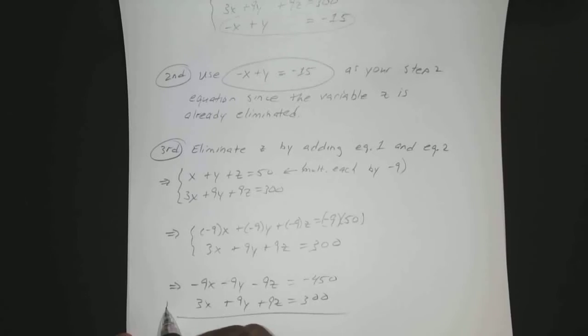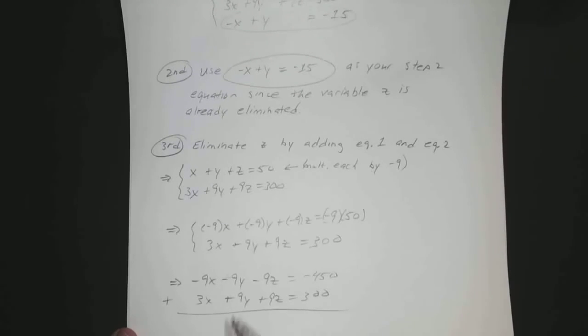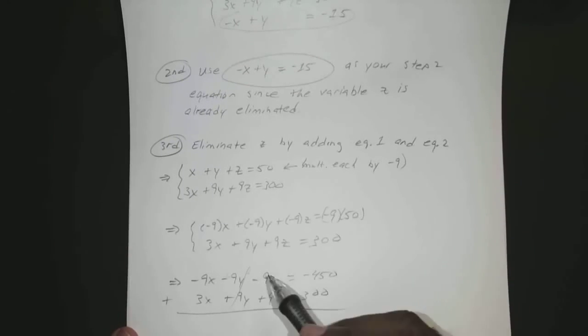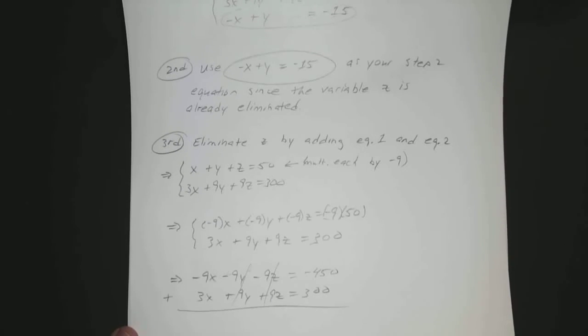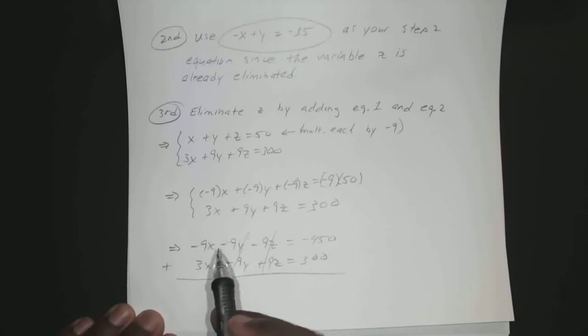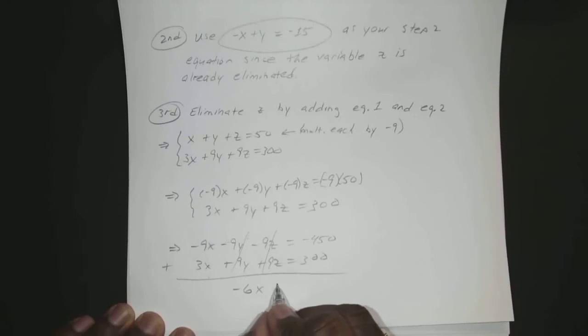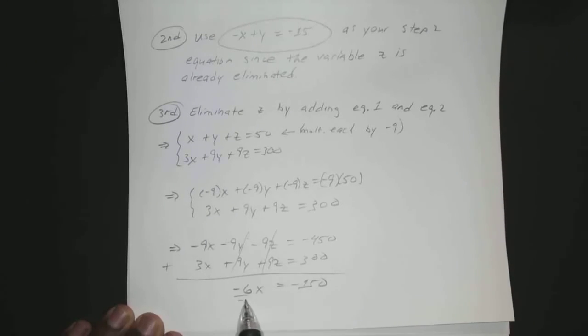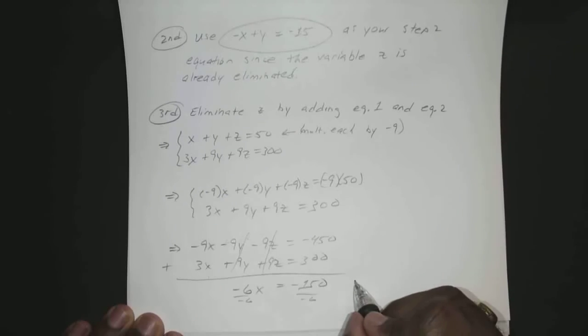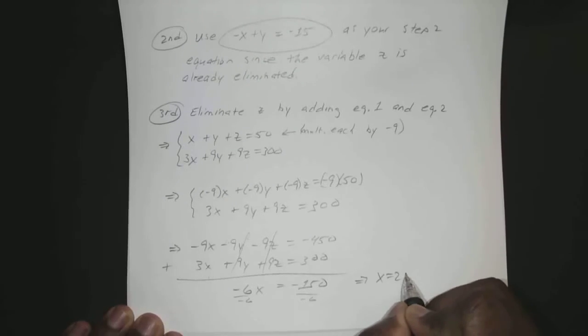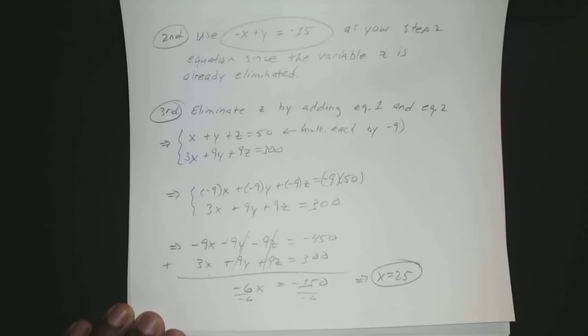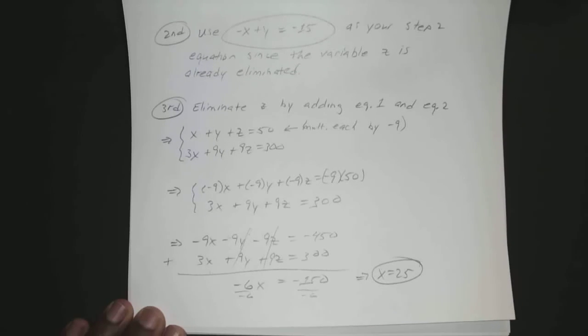And again, we got lucky, because these two cancel out and these two cancel out. So negative 9 plus 3 is negative 6x equals negative 150. Divide both sides by negative 6. X is equal to 25. So every once in a while you will get lucky and you can knock off a few steps.